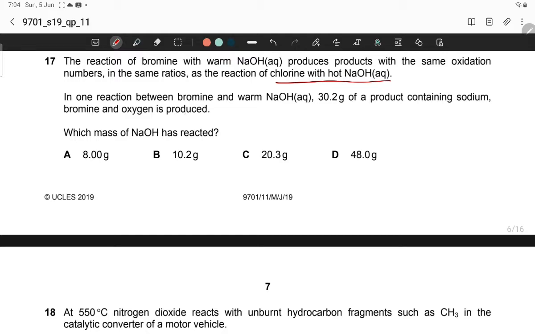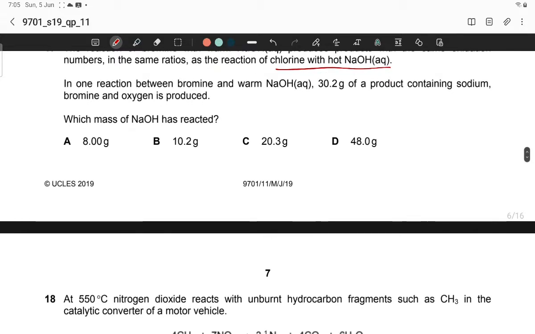In one reaction between bromine and warm sodium hydroxide, 30.2 gram of product containing sodium bromine and oxygen is produced. Which mass of sodium hydroxide has reacted? So this is the reaction of chlorine with hot sodium hydroxide.